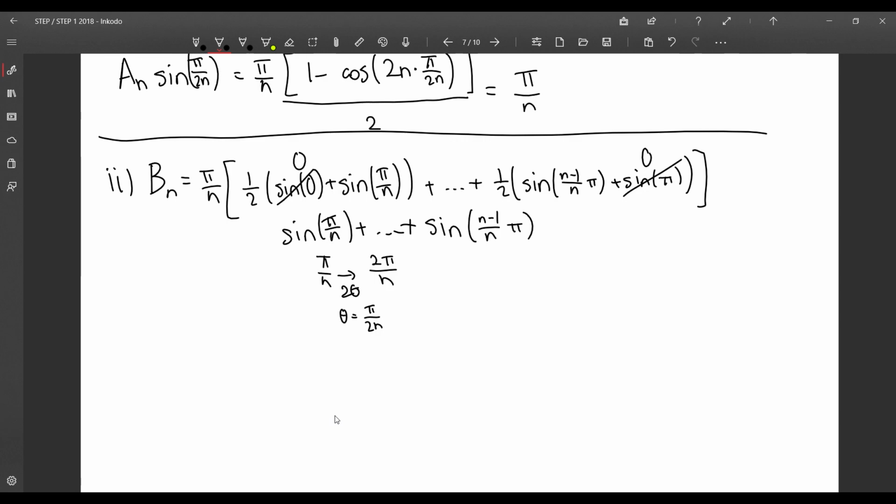So I guess it wouldn't hurt to just directly multiply and do the calculation again. So b sub n sine of pi over 2n is going to be pi over n. And what I mean by that is just cosine.